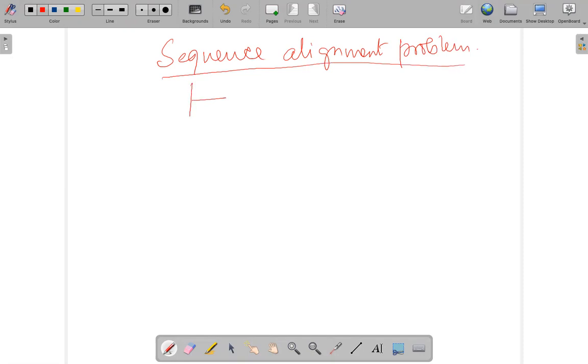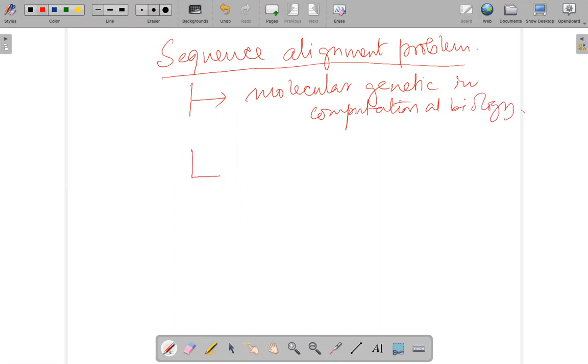The specific sequence alignment problem that we are going to take up is relevant to molecular genetics, in computational biology, and we will be looking into homologous DNA sequence alignment.